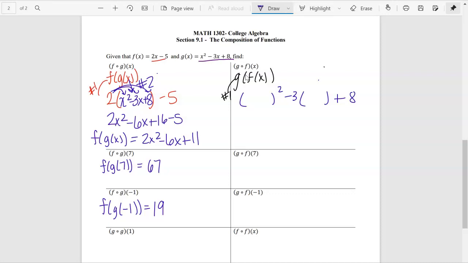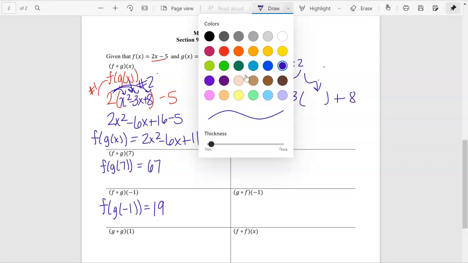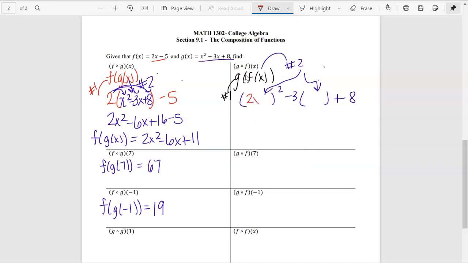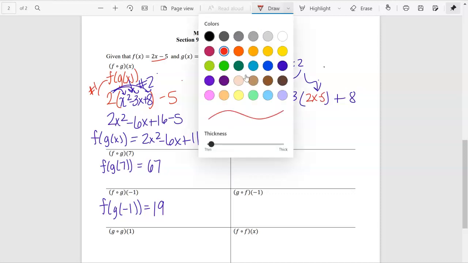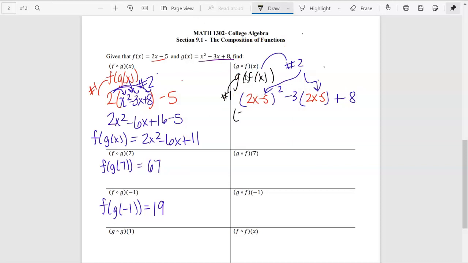And the function that we're trying to plug in there is, this is our number 2, we're going to drop it in to both of these places. F of x is equal to 2x minus 5. So 2x minus 5 goes here, 2x minus 5 goes here. Now, the most difficult part of this is finishing multiplying everything out and simplifying it.